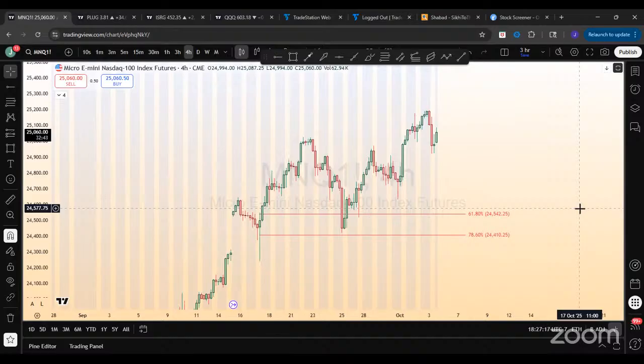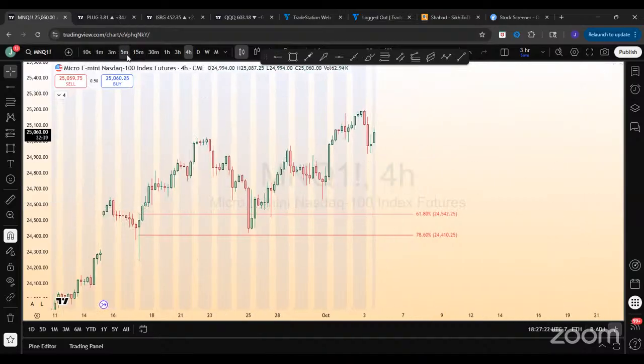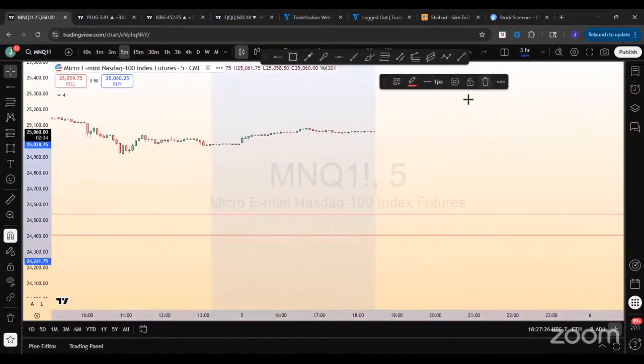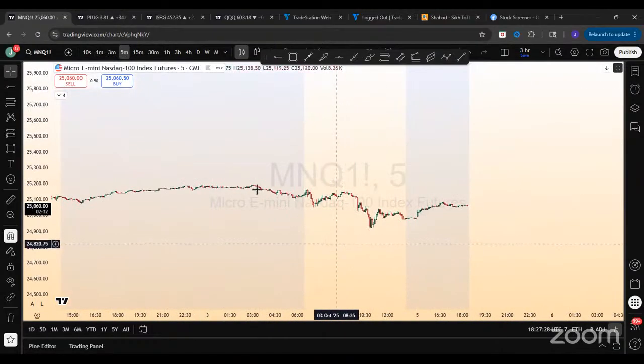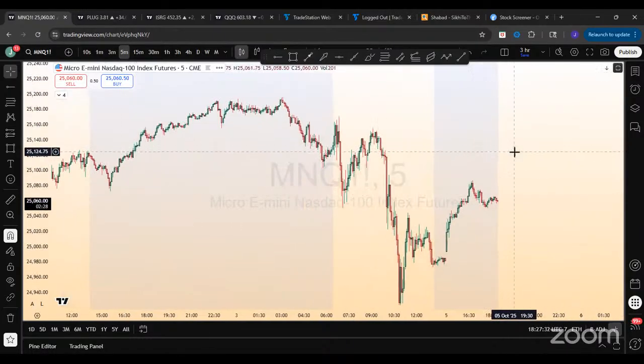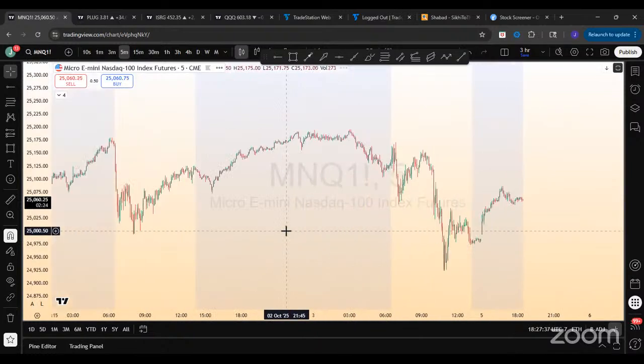Okay. The way I am doing it, just let me know if I'm doing anything wrong. Usually I look at the trend on a higher time frame and mark support zones, and then I go to day trading on 3 minutes, 5 minutes.